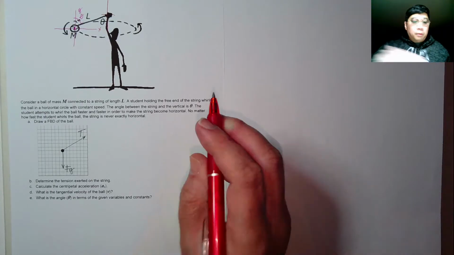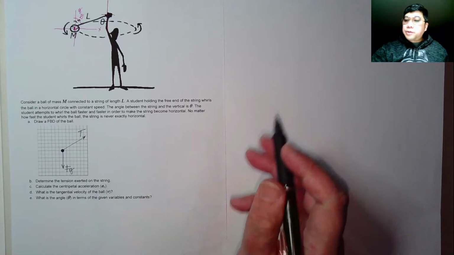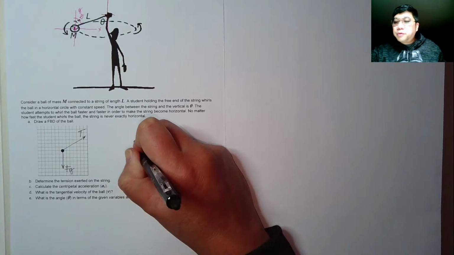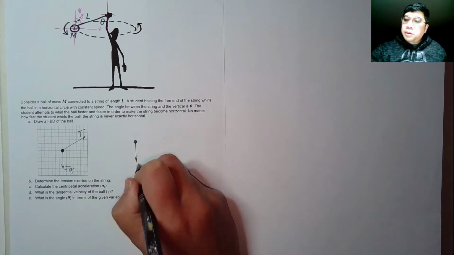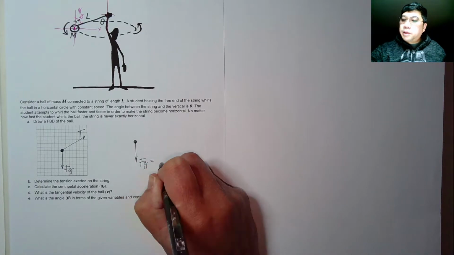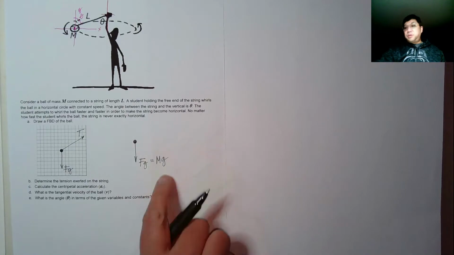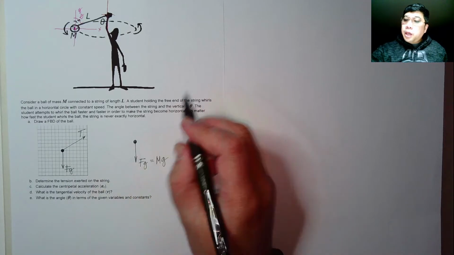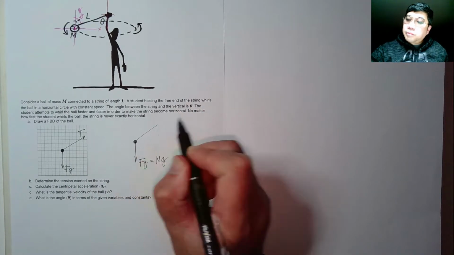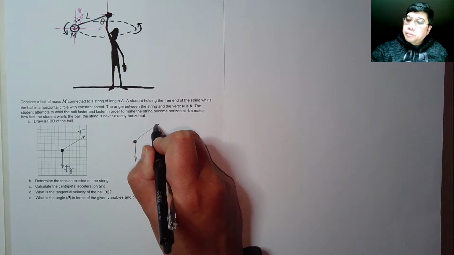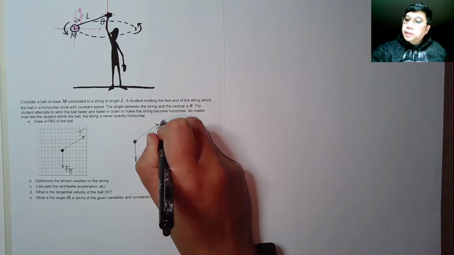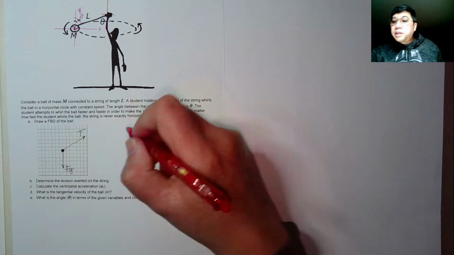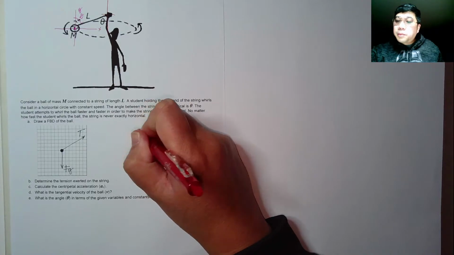Why don't we redraw our free body diagram somewhere here as part of our solution? So I have my F_G, and F_G is simply mass times g. Why am I using uppercase M? Because the problem states it's uppercase M. And now we have our tension, which is right here, and it projects an angle, which is right here.